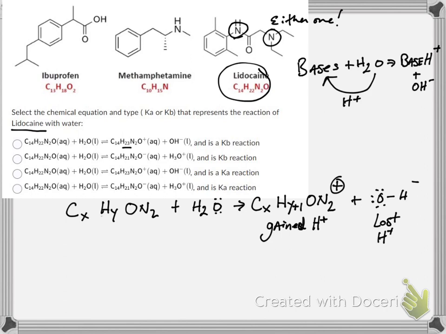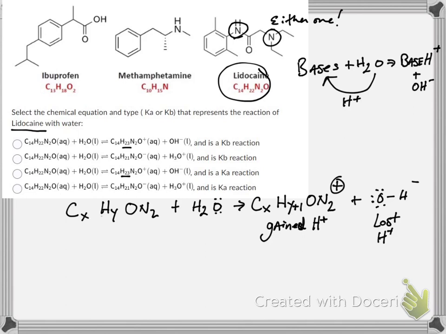So when we take a look at the different products here, we need to choose the 2 that have H23. And now the question is to choose between A and C. It's whether the reaction is Ka or Kb.